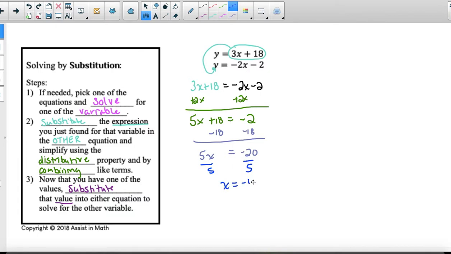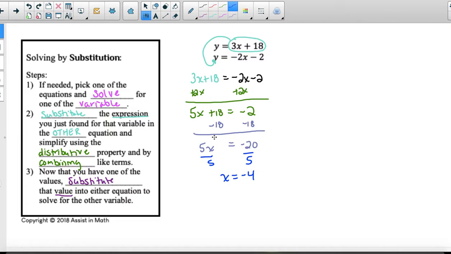Now I'm going to divide by that 5 on both sides, and we get x is equal to negative 4. Now that we found the value of x, we're going to substitute it into one of the original equations. It does not matter which; it's whichever one is easier to solve for. I'll take my top one because I want y equals. So y equals 3 times parentheses, plugging in negative 4 for x, plus 18.